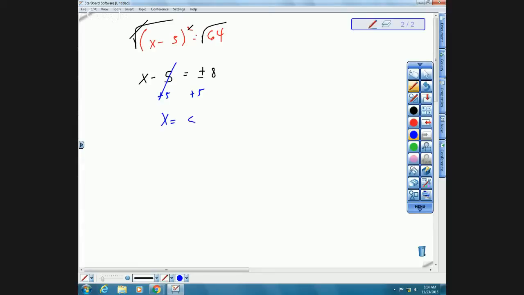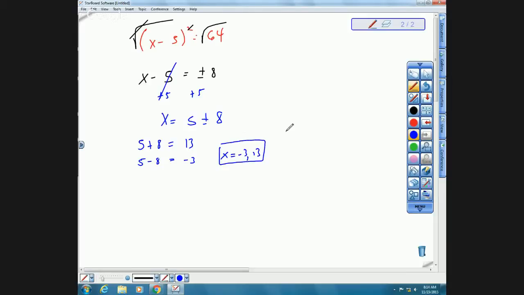Get x equals 5 plus or minus 8. Again, that's 2 different answers: 5 plus 8 and 5 minus 8. So 5 plus 8 is 13, 5 minus 8 is negative 3. So that's my 2 answers, negative 3 and 13.